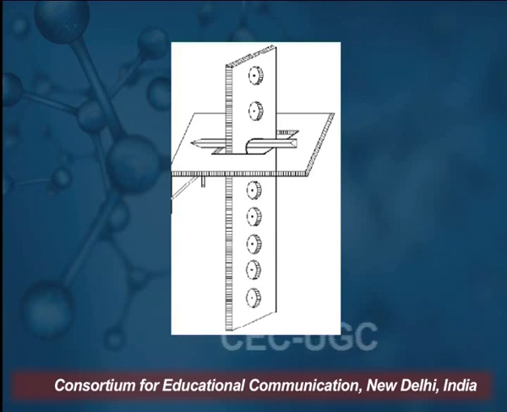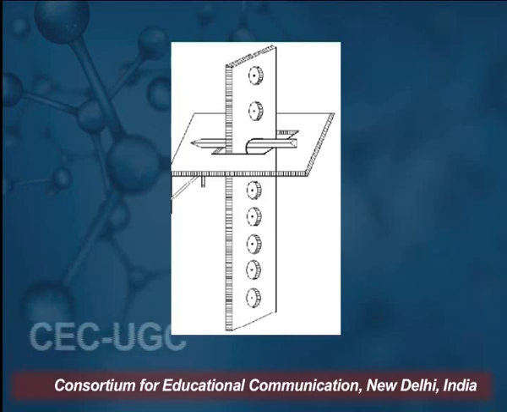When performing the experiment, we keep the edge side towards the center of gravity, on both sides, so that we can get the exact moment of inertia. So this is the basic diagram of the bar pendulum.